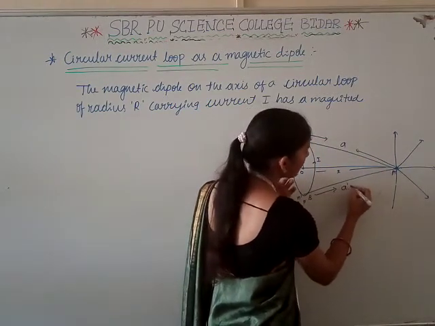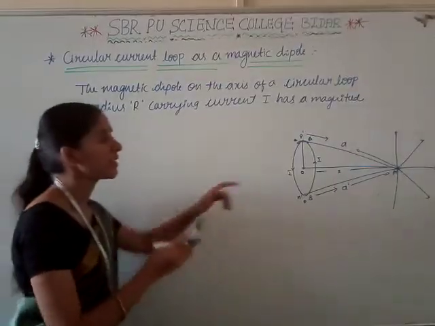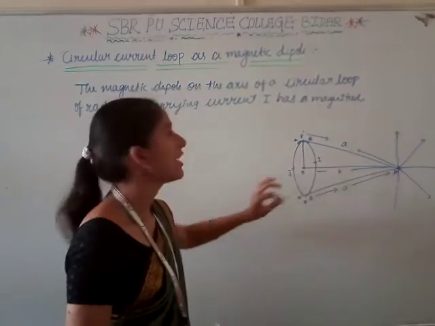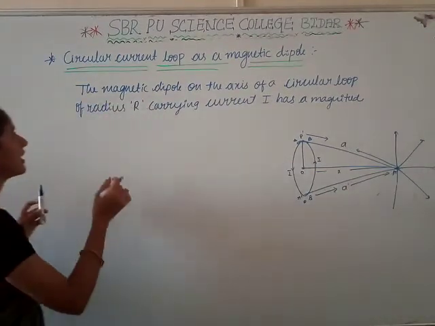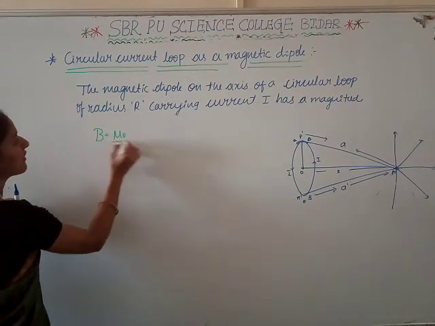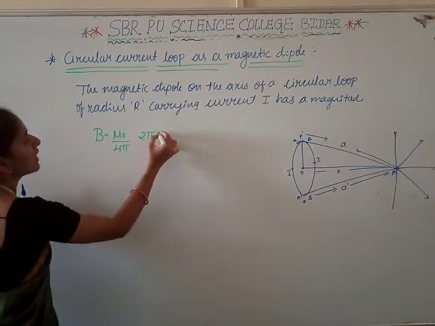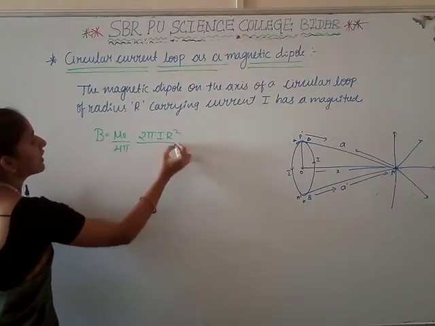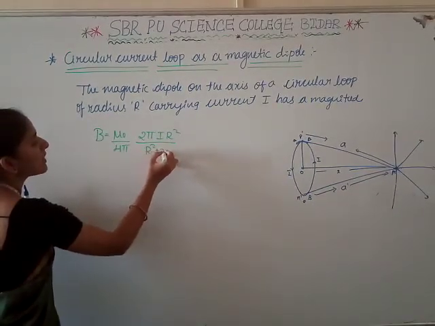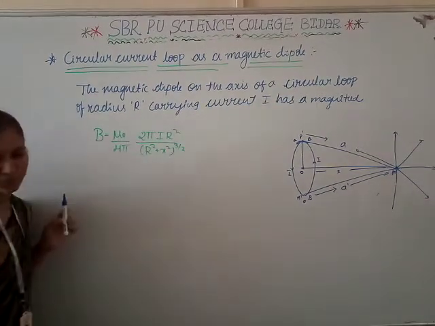By using this structure, for the magnetic field on the axis of a circular current loop carrying a current I, we derived the equation B is equal to mu naught divided by 4 pi, 2 pi I into r square divided by r square plus x square whole to the power of 3 by 2.